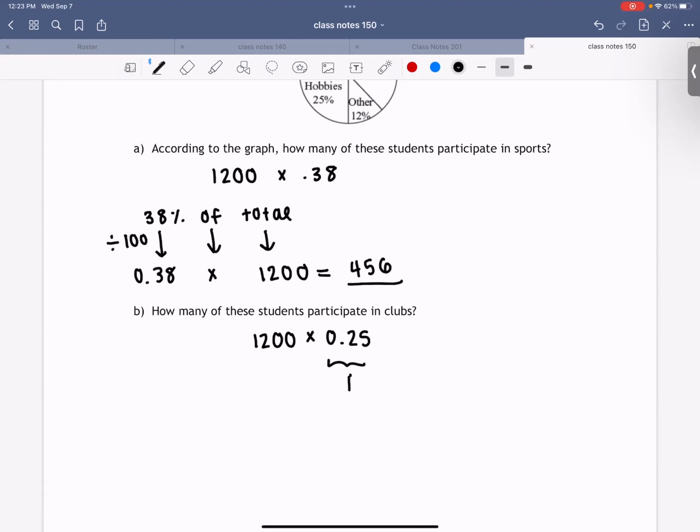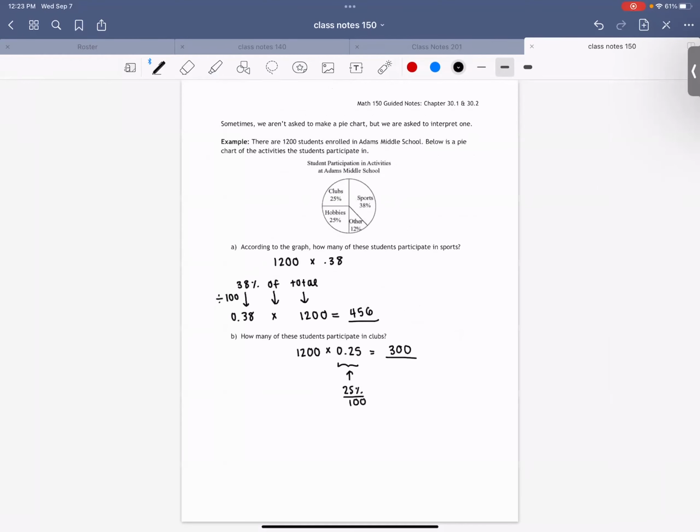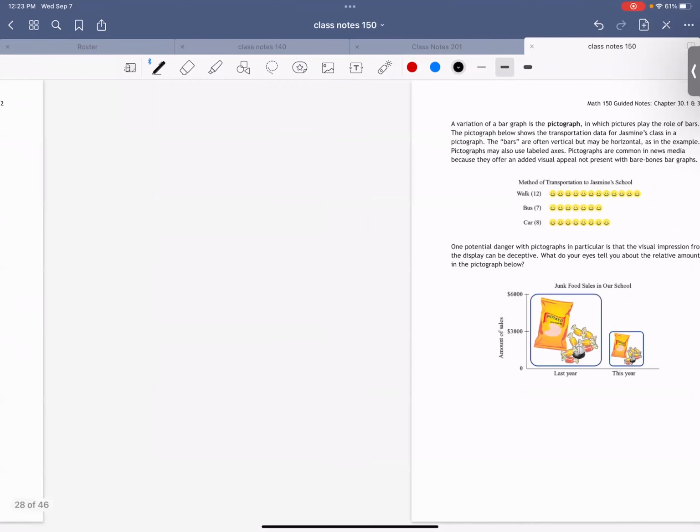To get the 0.25, you can take 25% and divide it by 100. So when we multiply these two together, we get 300. And that's the number of students participating in these clubs. Any questions on part A and B? Okay, you should be able to do everything on your homework now. And I think you might see something like this on your quiz.